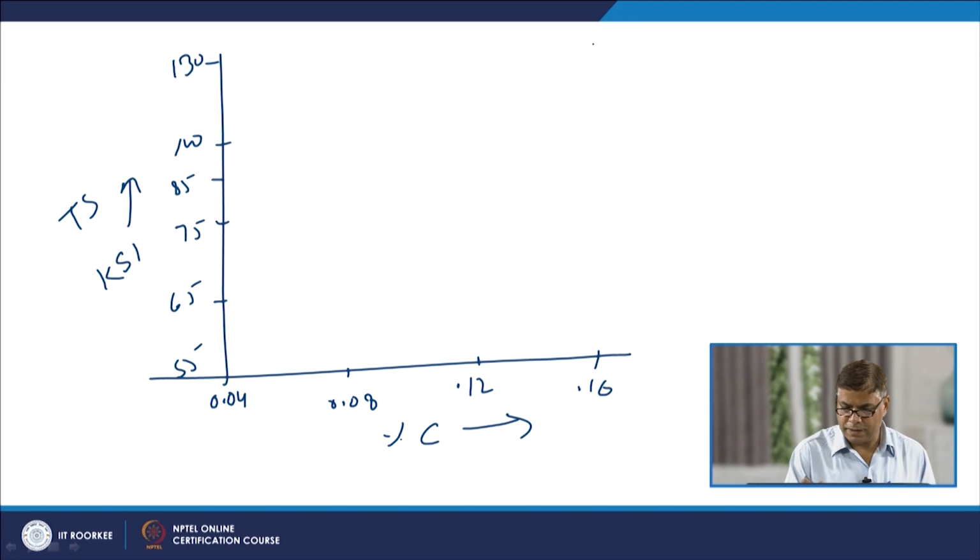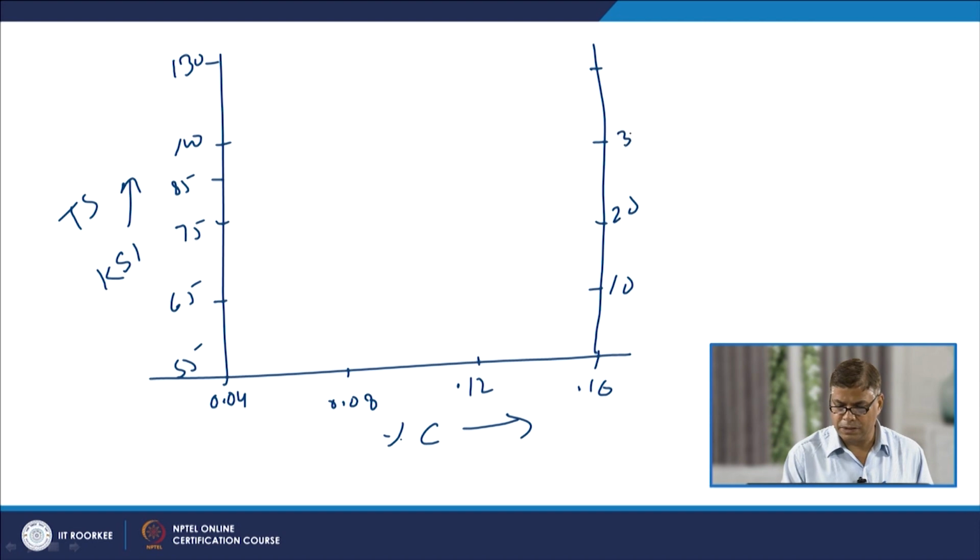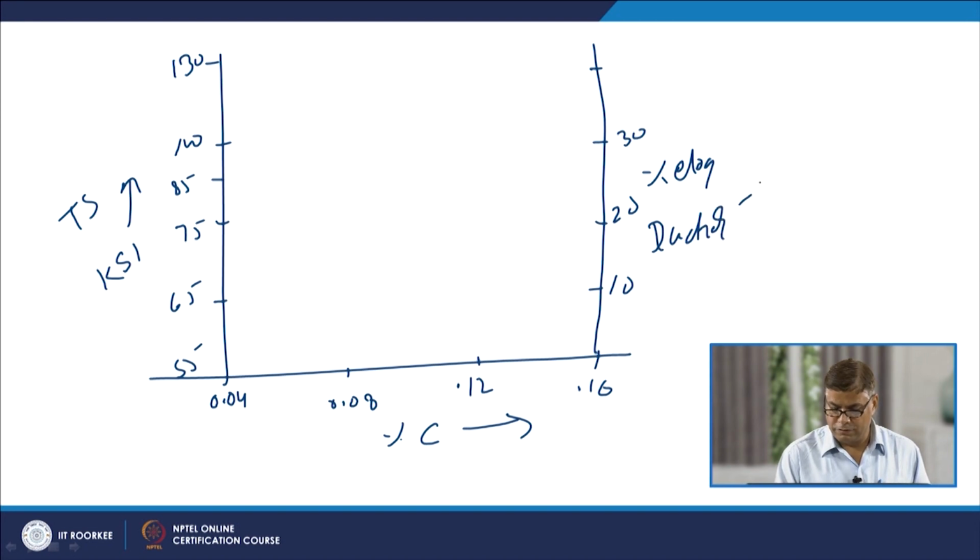On the other hand, this is another axis where we are showing the elongation, changing from say 10, 20, 30. This is the percentage elongation showing the ductility of the steel weld joint.